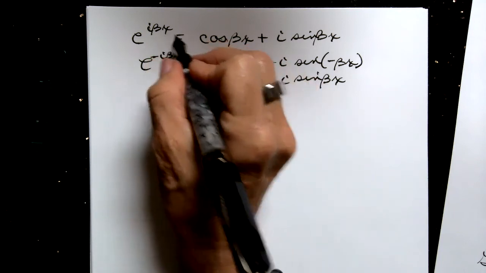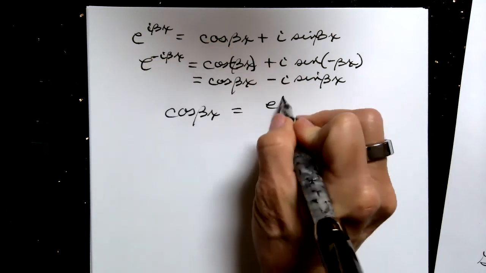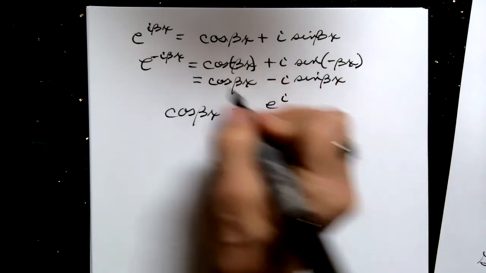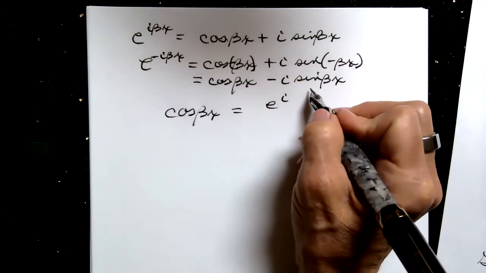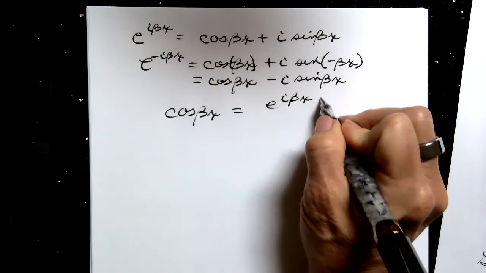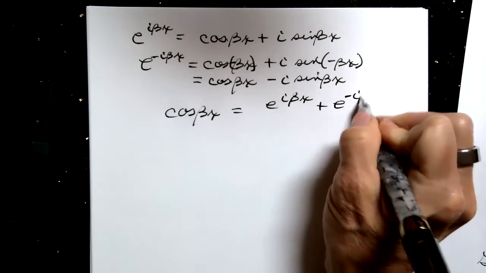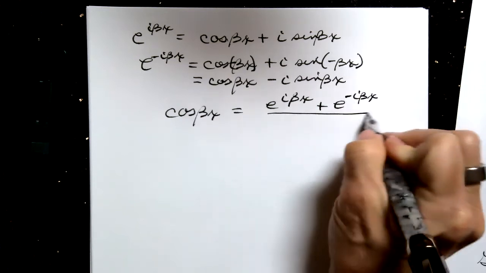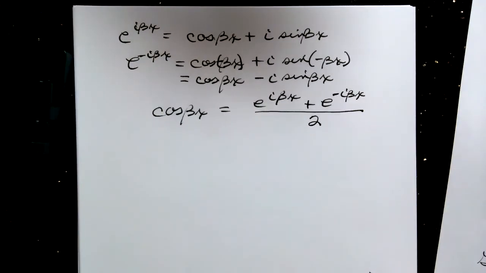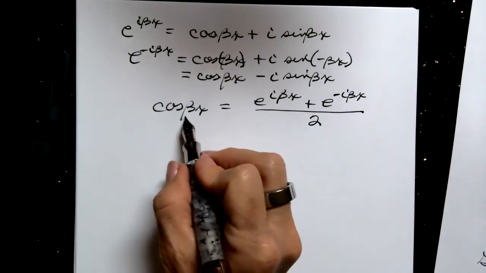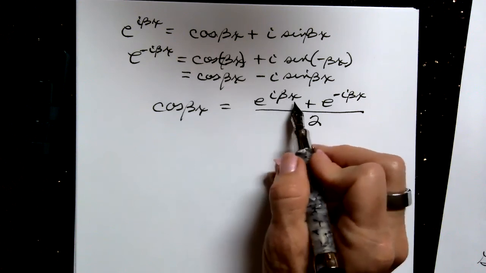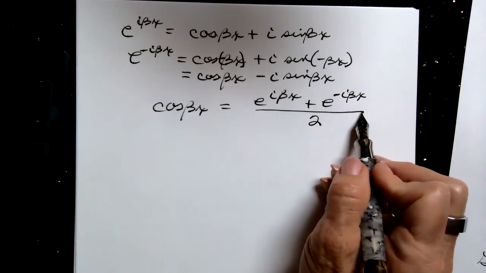You get 2 cosine beta x, and the sine terms cancel out, so cosine beta x is e to the i beta x plus e to the minus i beta x divided by 2. In other words, you can write cosine beta x as a linear combination of e to the i beta x and e to the minus i beta x.